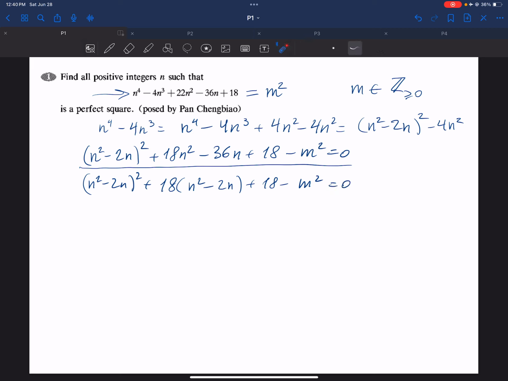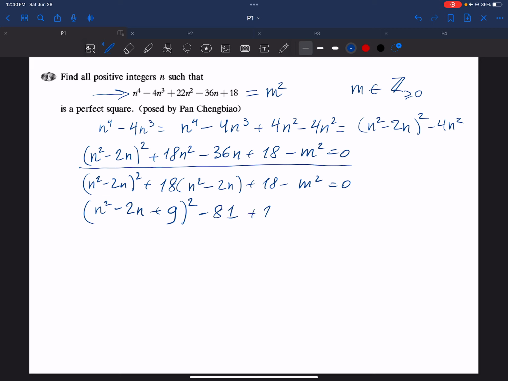Now we have the same n squared minus 2n here and here. So again, it looks like these two terms are trying to organize themselves into a perfect square, which is n squared minus 2n plus 9 squared. But now we need to subtract the extra 9 squared that we added.